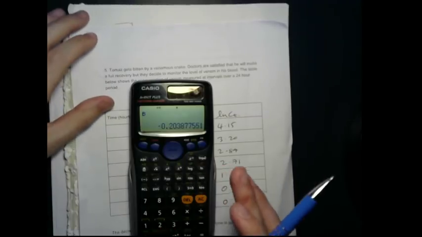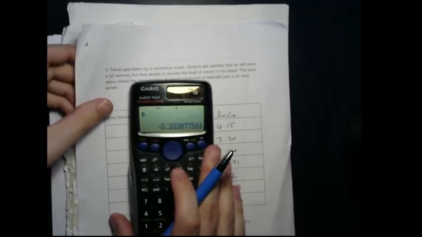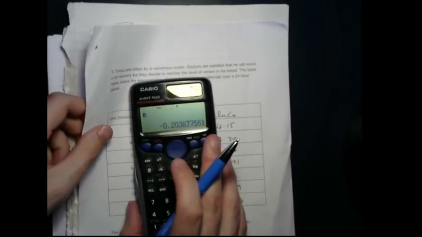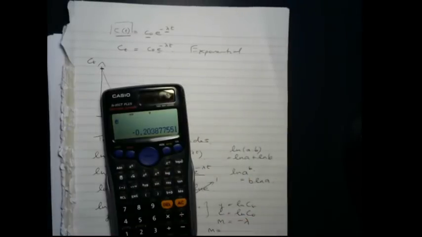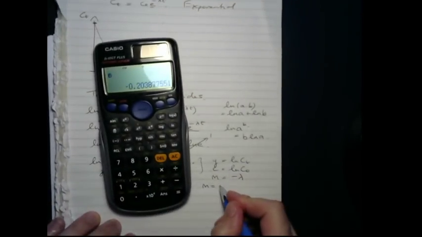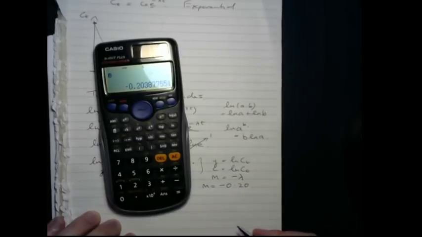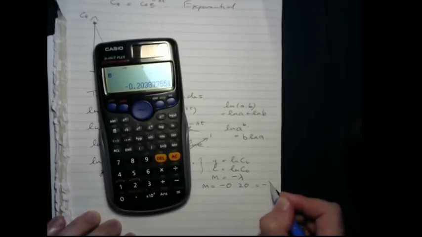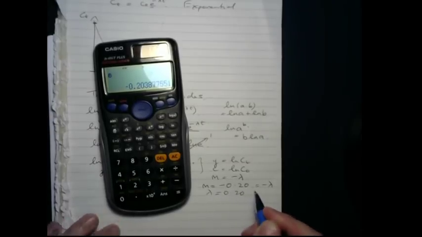I want my answer to 2 significant figures because that's the best I can do with the data given. So my m value is minus 0.20. But m is equal to minus lambda, right? So that's basically saying my lambda is equal to 0.20.